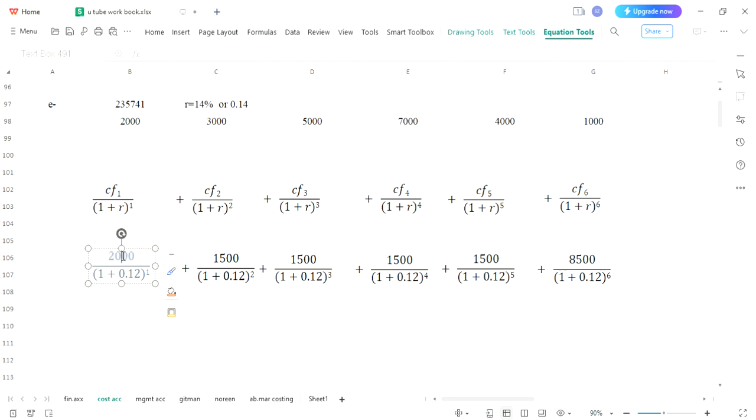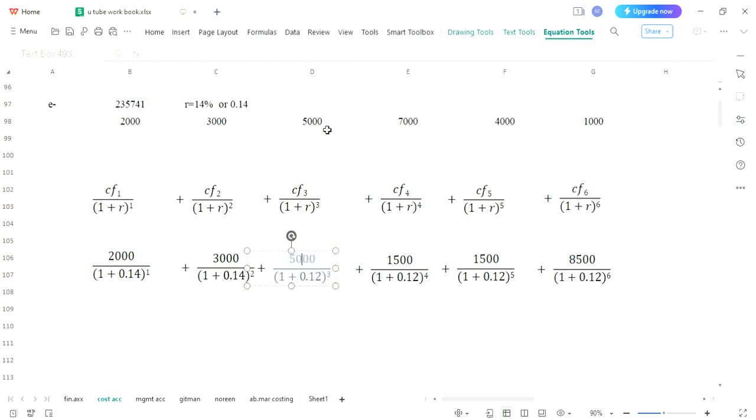As you can see, rate was 14%, so just change 14. First installment, first cash flow is completed. Second cash flow 3000, put 3000, and you need to change the rate, which is 14. Second is completed. Now for third, amount would be 5000.